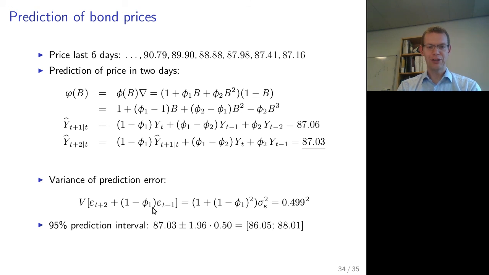And as always, we take the constant outside and we square it when we get into the variances, and we get an estimate of 0.499 square, and a prediction interval in this case from 86.05 to 88.01.